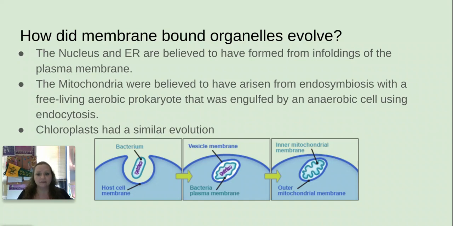That's beneficial. And as a result, we end up with this structure that has both an inner and an outer membrane, like mitochondria. Chloroplasts, we believe, had a similar evolution. They occurred kind of the same way, the same sort of idea. Only the difference was with the chloroplasts, they were able to do photosynthesis.